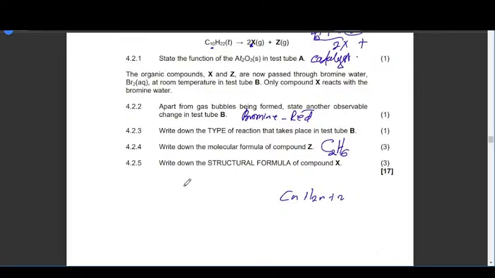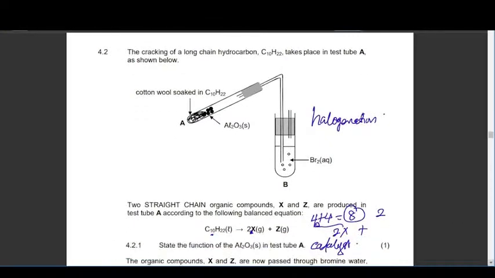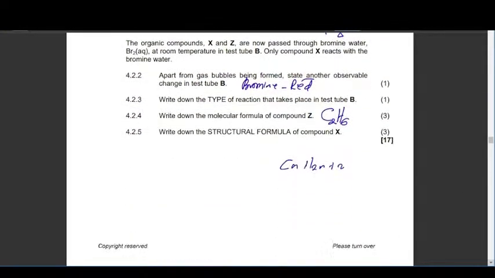Then they're saying that 4.2.5, write down the structure formula of compound X. Now they want the structure formula of compound X. Remember, these are 4 carbon atoms, and then these 4 carbon atoms, they decarboxylized. So now I will say C, 2, 3, 4. Remember, it was times 2.